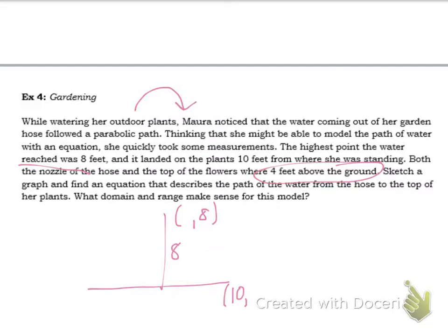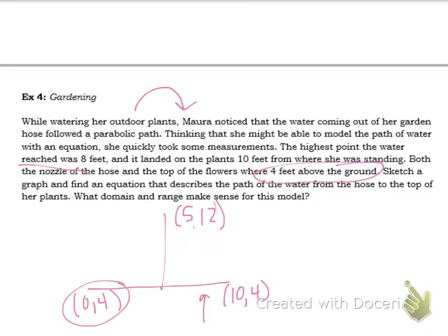And she was already 4 feet above the ground, so this one's a little weird. She's already 4 feet up, so that means this one here is going to be (0, 4). And now, instead of it really being 8 feet high, we're going to make it 12 because we just added 4 on top of it. All the way across is 10, so now I've got this to be 5.